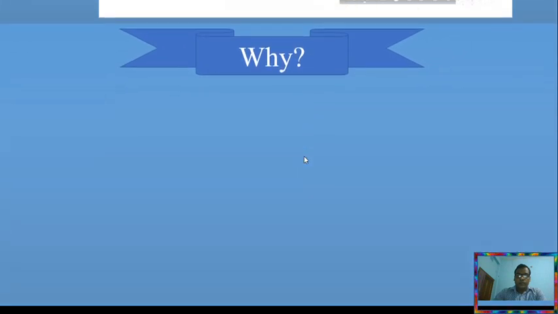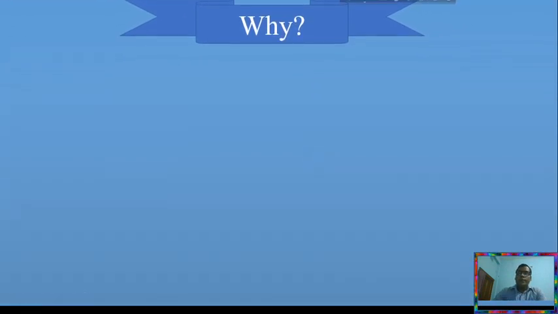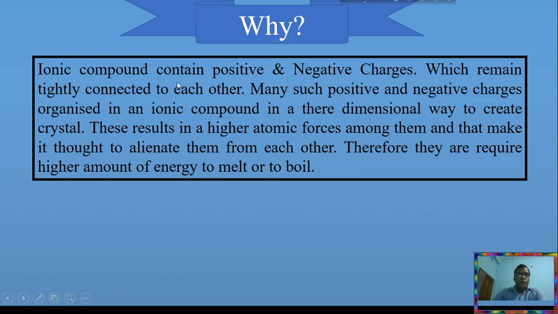So why are the melting point and boiling point of ionic compounds higher than those of covalent compounds? Ionic compounds contain positive and negative charges which remain tightly connected to each other. Many such positive and negative charges are organized in a three-dimensional way in an ionic compound to create a crystal.